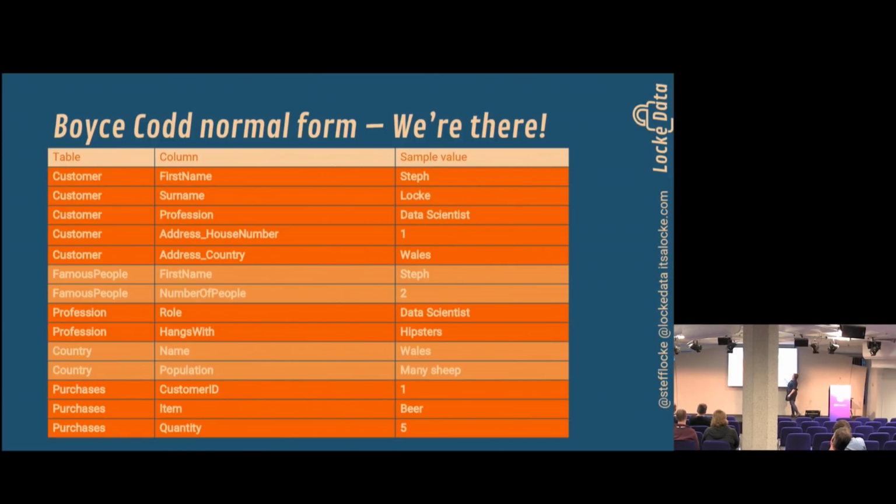Actually, hopefully most of you build your databases to what's called Boyce Codd normal form. Boyce Codd normal form says only information about an entity in a table.